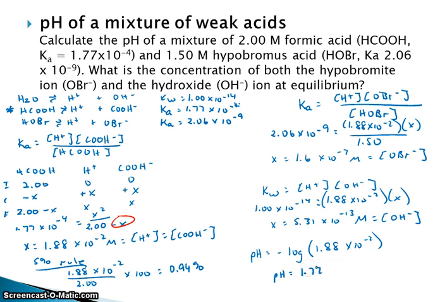Now we always want to go back up and check the question at the end and make sure that we solved for everything. We wanted to calculate the pH. We did that. We wanted to calculate the concentration of the hypobromite ion. We did that. We want to calculate the concentration of the hydroxide ion, and we did that. So we've solved everything in this mixture of weak acids problem.